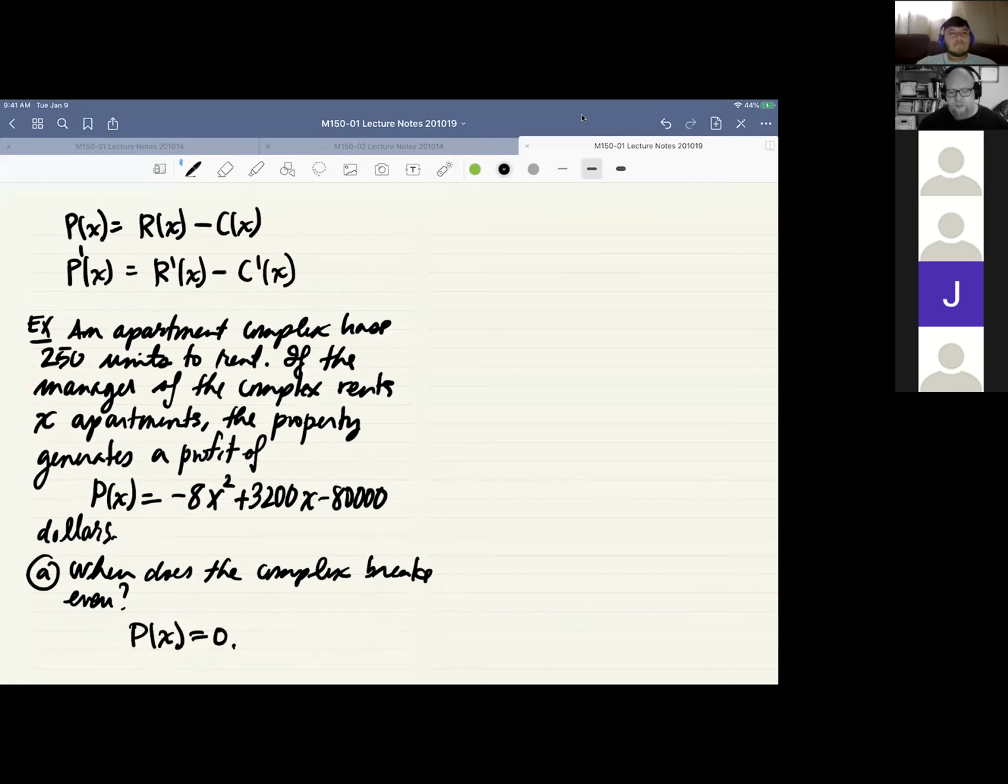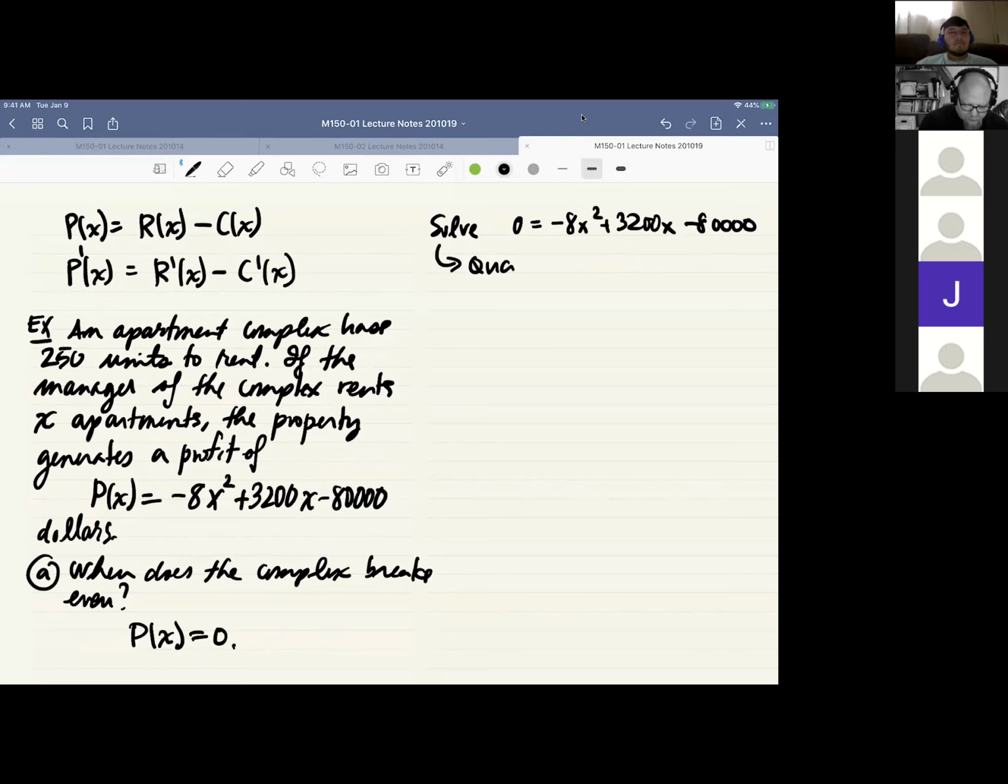When is the same amount of money coming in as is going out? This isn't a calculus question, this is just a pre-calculus question. So we want to solve 0 equals minus 8x squared plus 3200x minus 80,000.